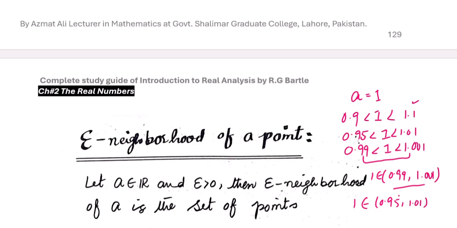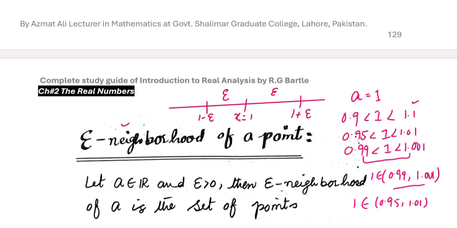Now, what is the epsilon neighborhood? Suppose this is my real line and this is my point x is equal to 1, or a is equal to 1. Now, if you consider all of the points at some epsilon distance, you increase and decrease 1 by epsilon distance, you can reach 1 minus epsilon after decreasing 1 with epsilon, and if you increase 1 with epsilon, you can reach 1 plus epsilon.